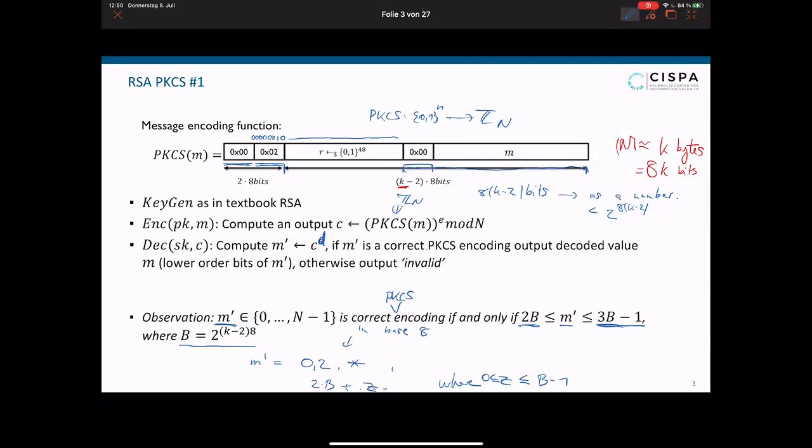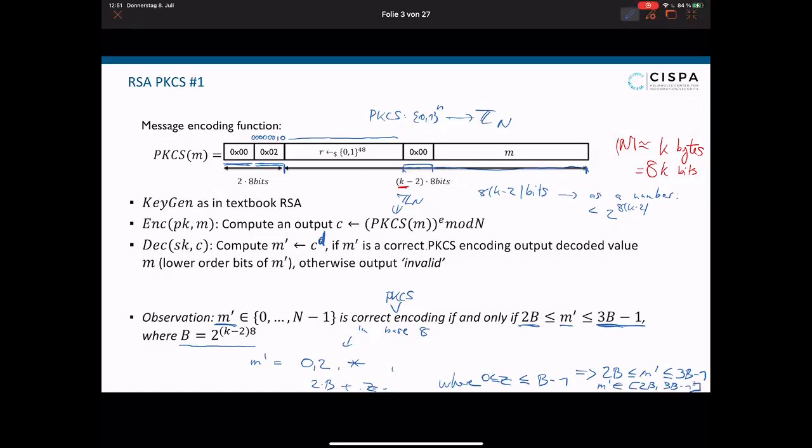On the lower end, Z is 0. On the higher end, Z is B minus 1. So you have that 2B is smaller or equal to M prime, which is smaller or equal to 3B minus 1. So a correct PKCS encoding has to be in this interval 2B, 3B minus 1. Good. So you have M prime an element of 2B, 3B minus 1.